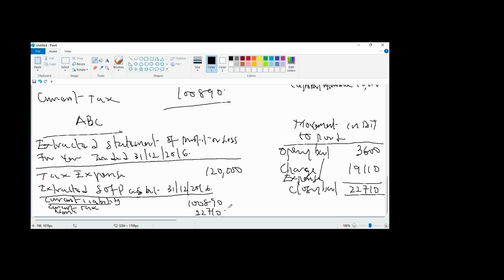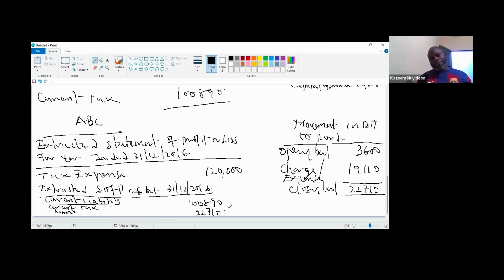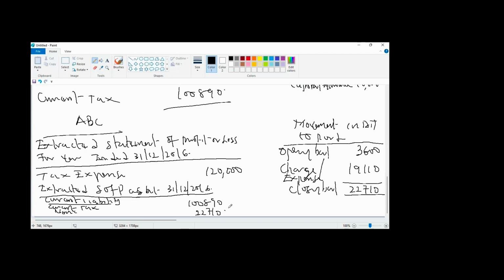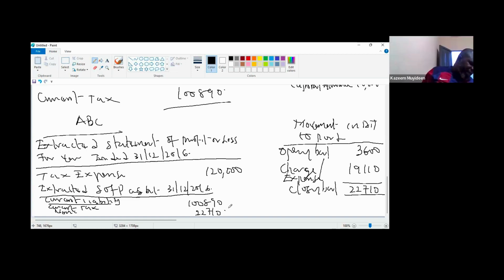Sir, I can't find the 3,600 opening balance in the question. You can't find what? The opening balance, 3,600. Kindly refer, it is there. After interest receivable and payable are considered on cash basis, balance of deferred tax as at 1st January 2016 was 36. Have you seen that?